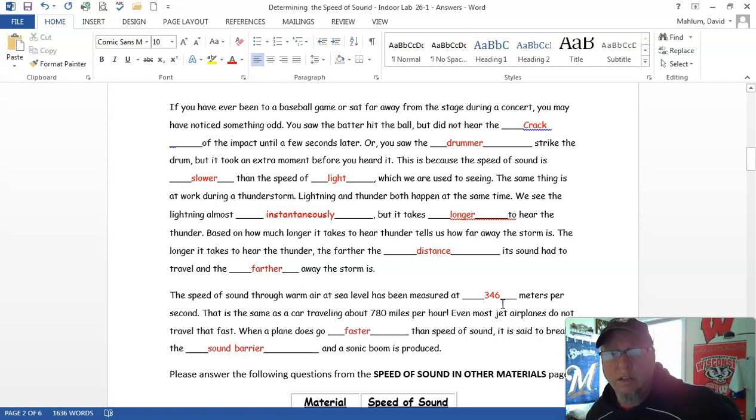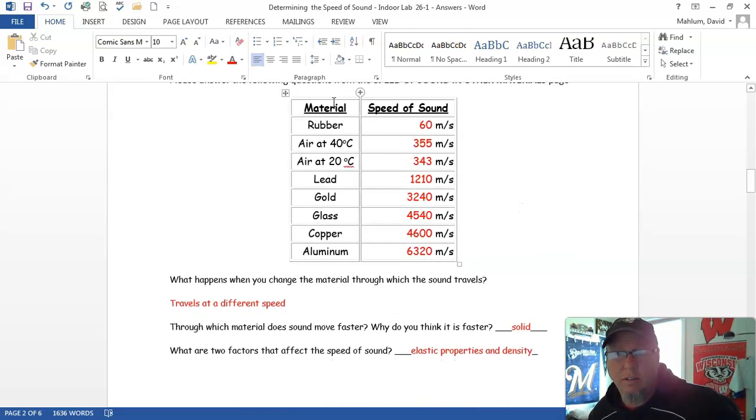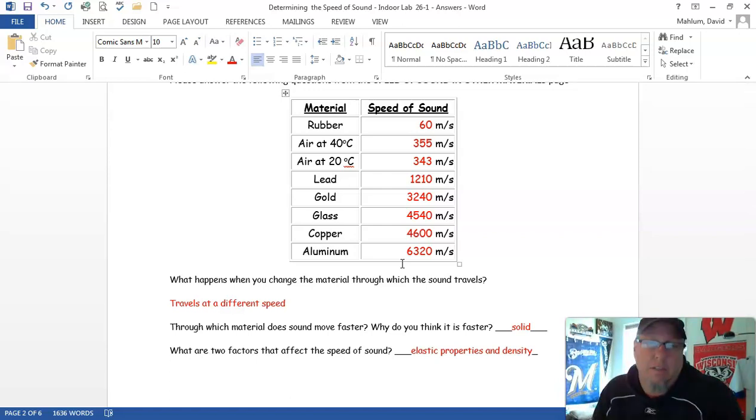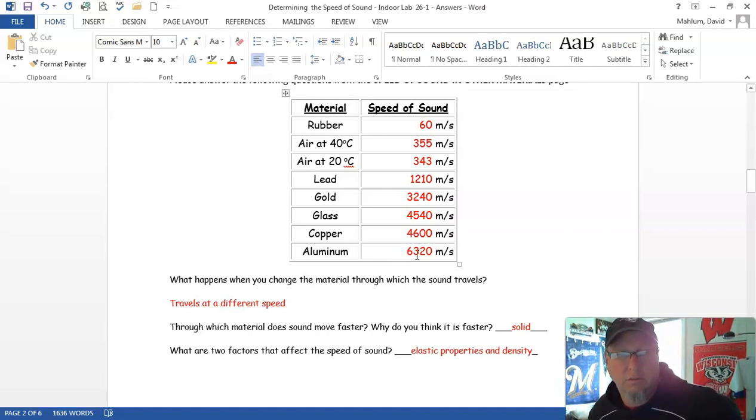So the first thing you need to understand about the speed of sound, and this is the second time you've seen this, is that sound travels differently through different materials. It's a mechanical wave. It has to have a material to travel through. Depending on the material, it's going to travel at different speeds.